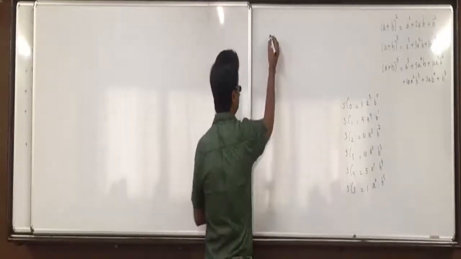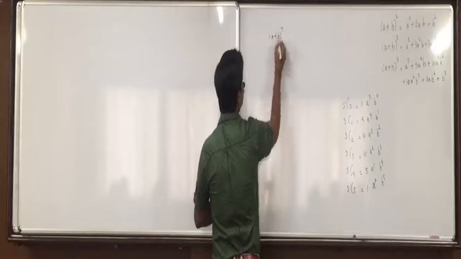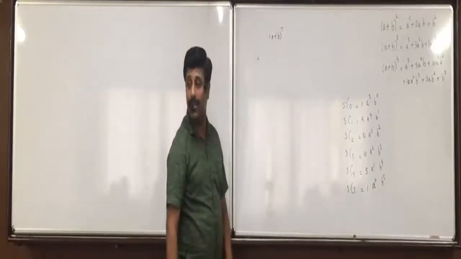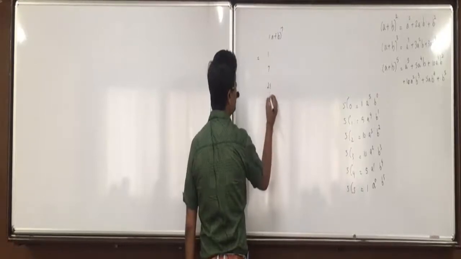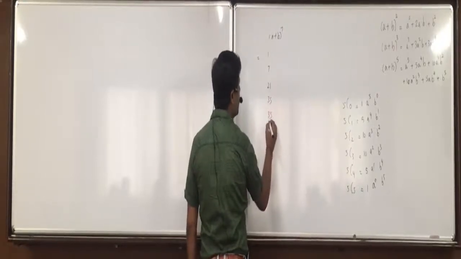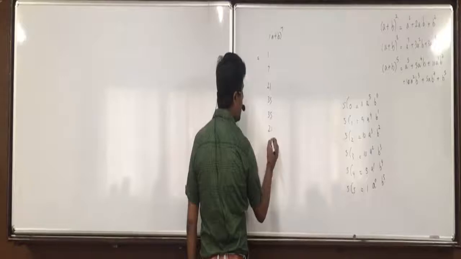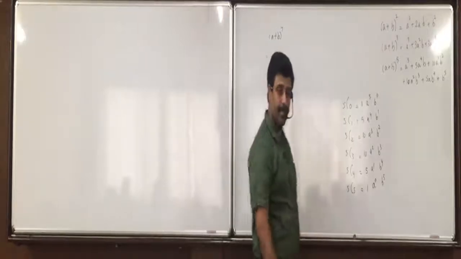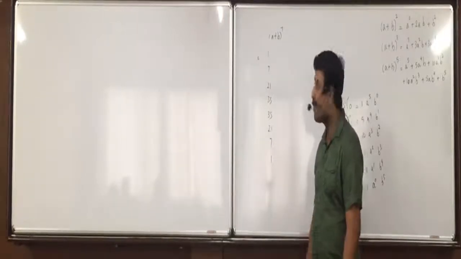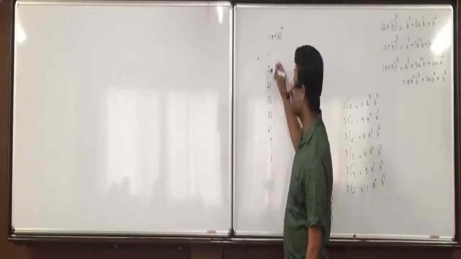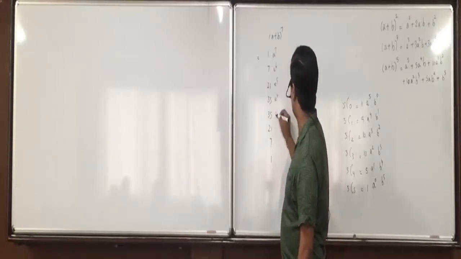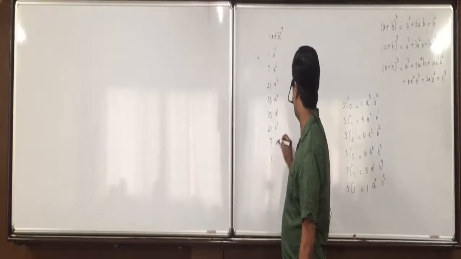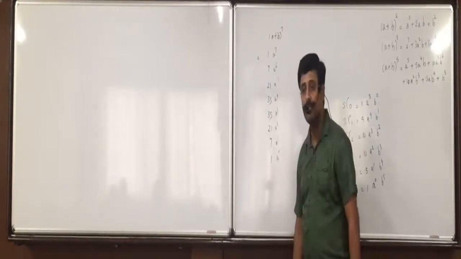For example, if you define a plus b raised to 7, then 7c0, 7c1, 7c2, 7c3, 7c4, 7c5, 7c6, 7c7. These are the coefficients. What is the first variable? A raised to 7, 6, 5, 4, 3, 2, 1, 0.